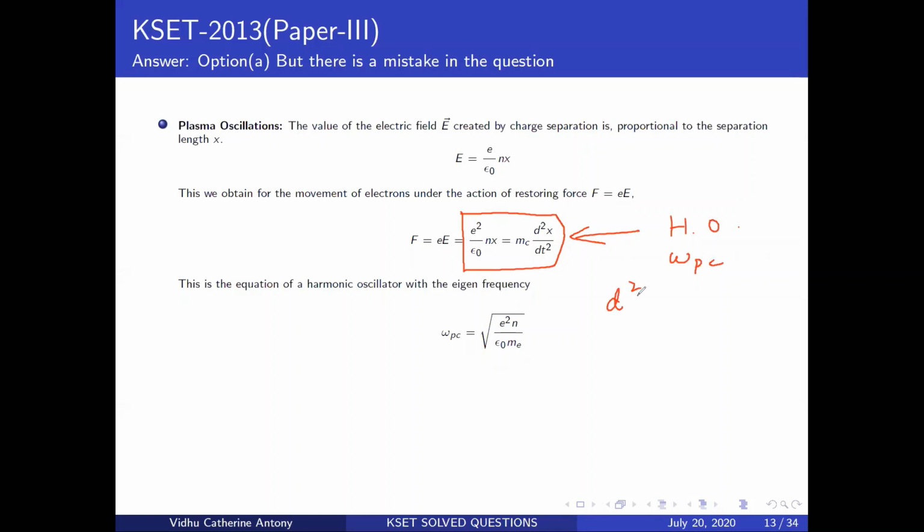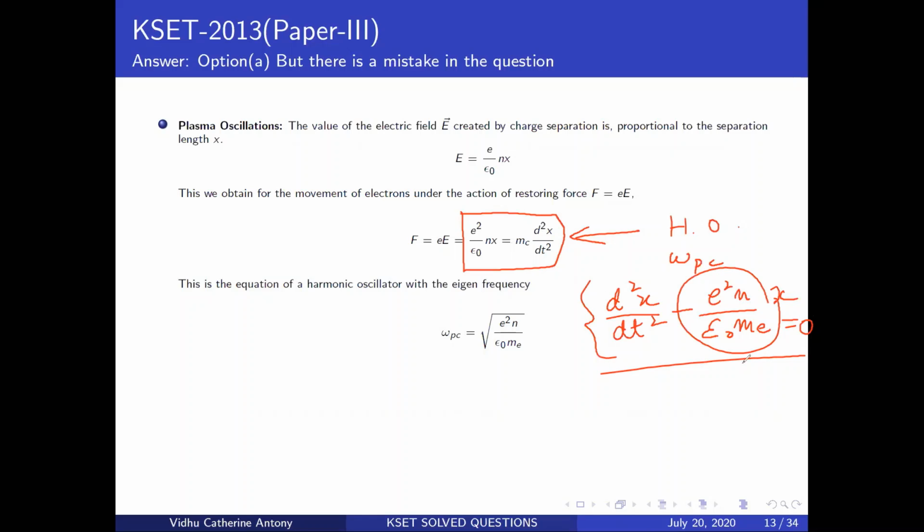So your d squared x divided by dt squared minus E squared n divided by epsilon naught me, you take this down here, into x equal to 0. So this is how your harmonic oscillator equation looks. If I put an omega squared here, you remember it is a system that represents a harmonic oscillator.